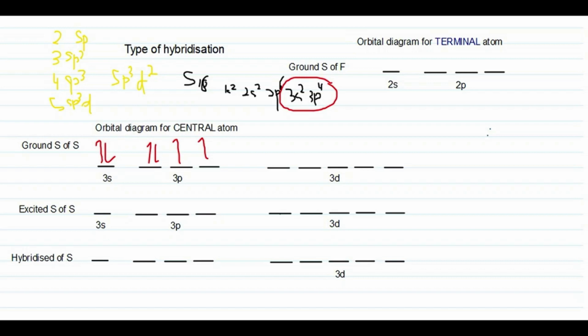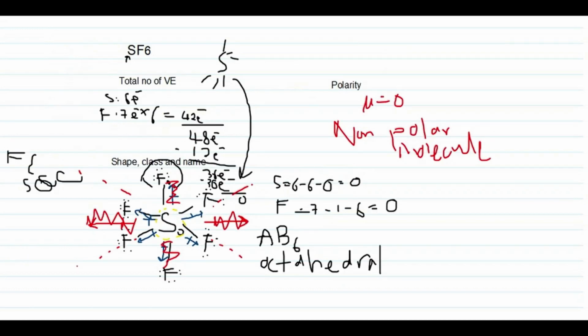So logically, it can only form bonds with 2 fluorine atoms. But we need the sulfur to make bonds with 6 fluorine atoms.